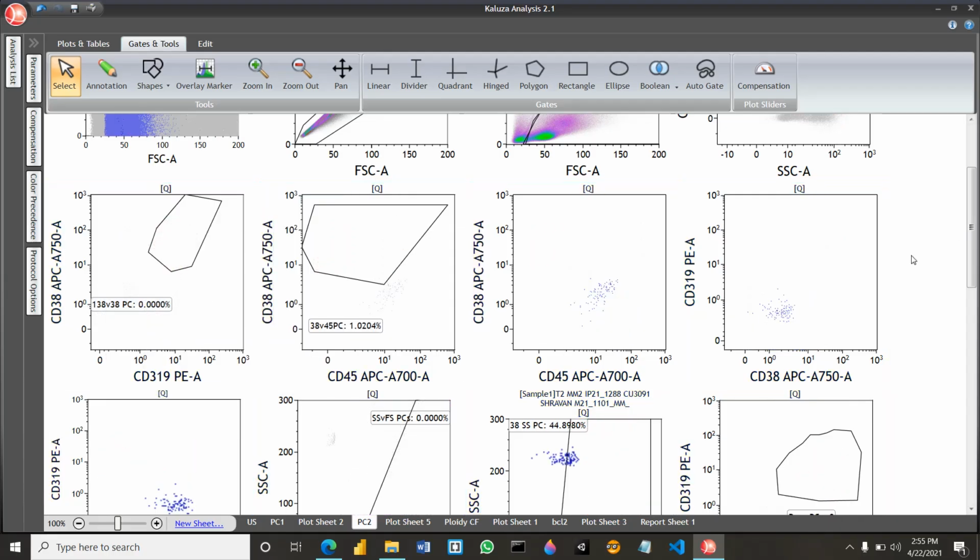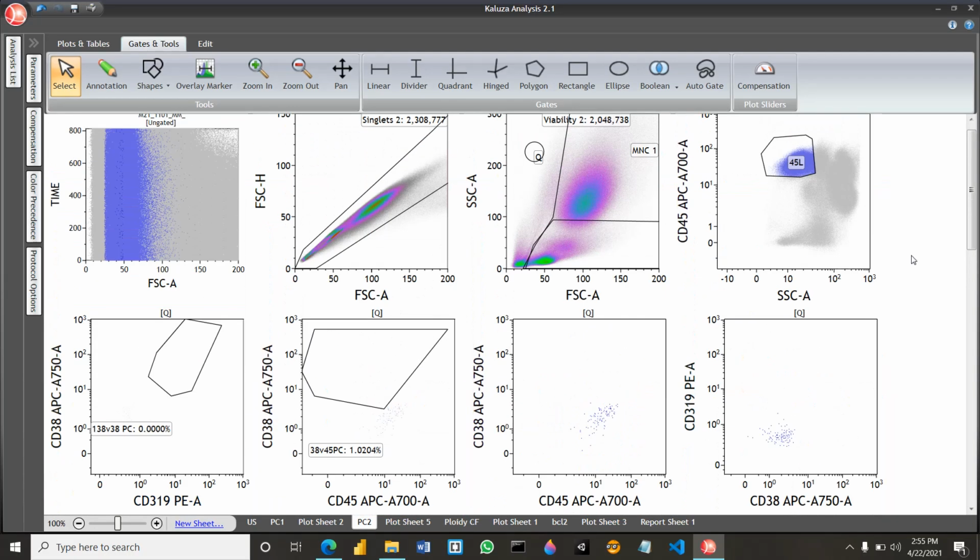Okay, so I just emptied all the plots to demonstrate the analysis one more time. We start with singlets, followed by the viability gate.